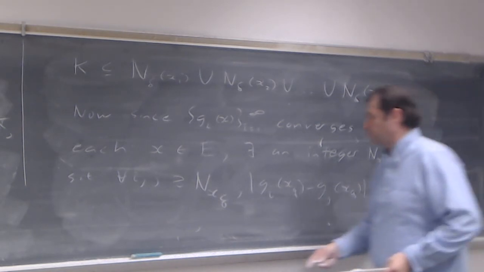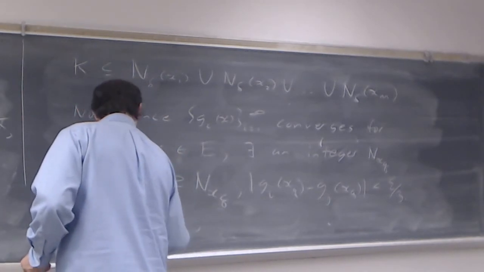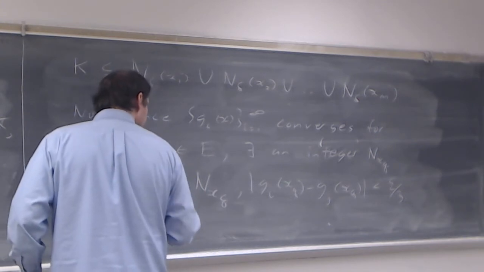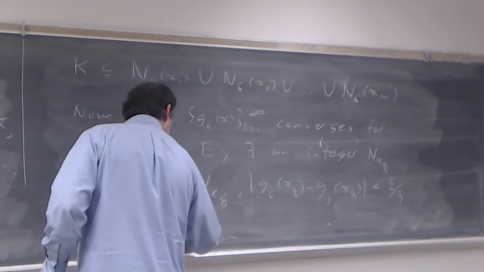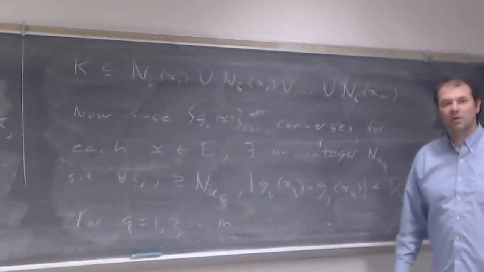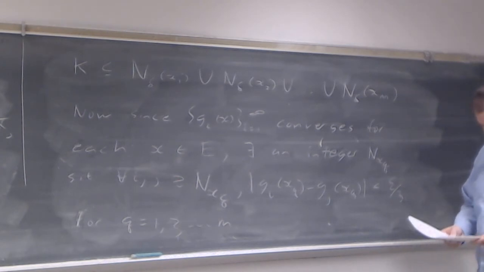And this is for q equaling 1, 2, all the way up to m. So we're still using that particular finite collection of the x sub i's here. I'll just relabel these x sub q's.